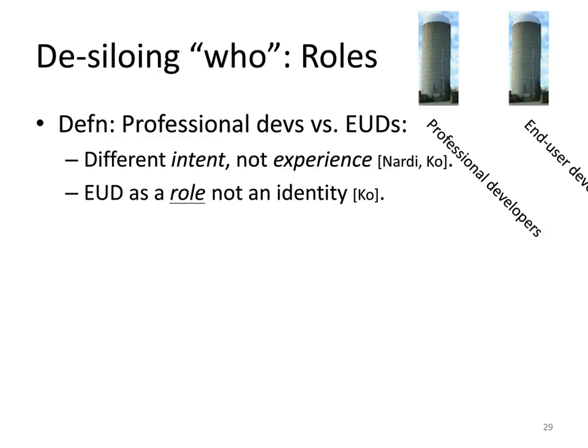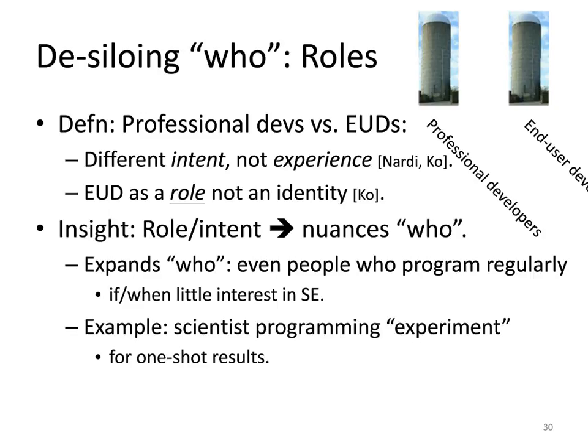As we think about that definition, we realize, and they point out, that end-user development is really a role, not a personal identity. This gives us a great insight because it nuances this whole notion of who. It shows that even people who program regularly sometimes are in an end-user development situation.